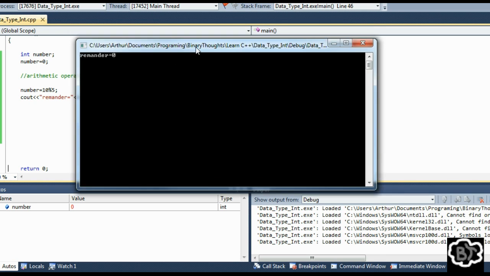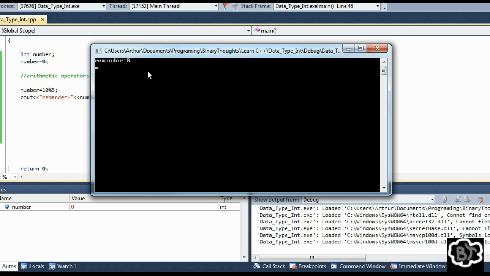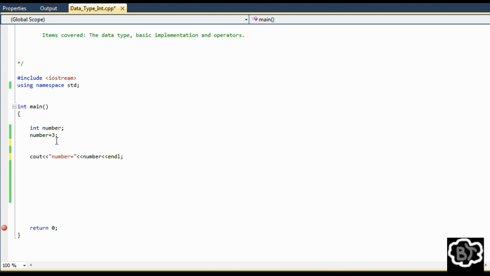You can use conditionals, which we'll get into later, to set it up to tell if it is equally dividable by certain numbers and so on. That's pretty much all there is to cover on the different types of arithmetic operators. There are different syntaxes on how you can use them.